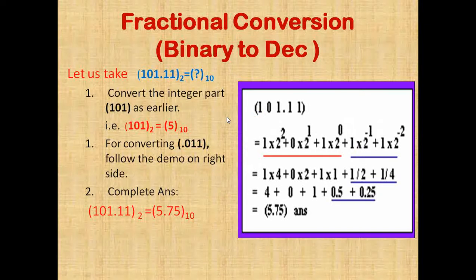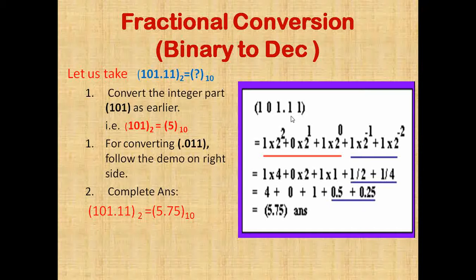Now let us see how we can convert from a fractional binary number to a fractional decimal number. Let us take this example. This conversion will be done as shown in the figure. We have the number 101.11.